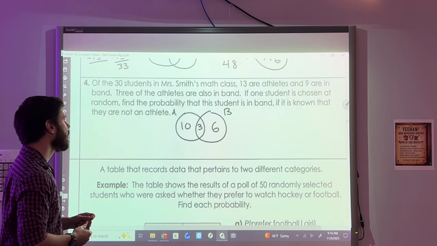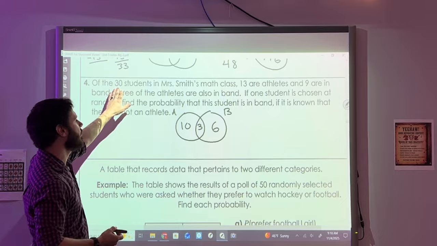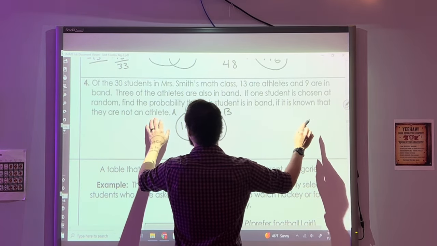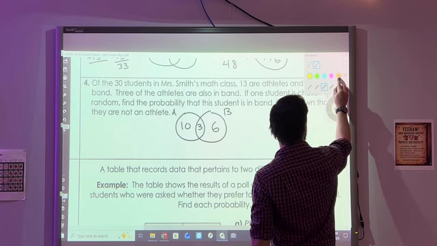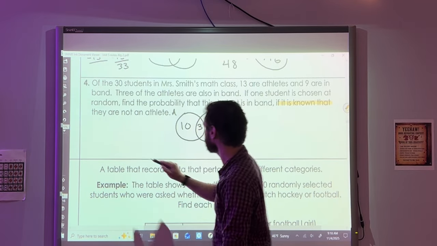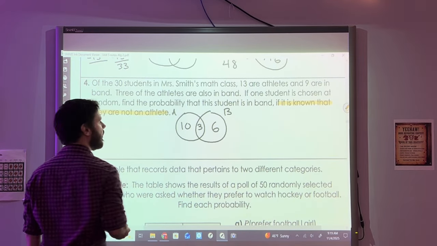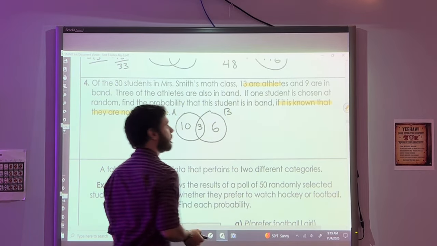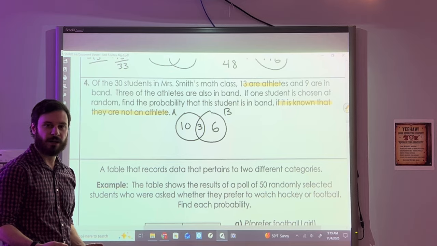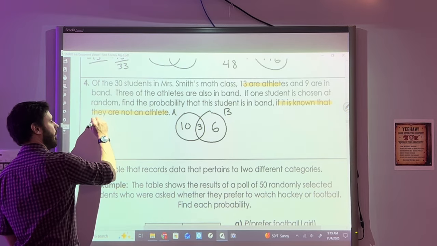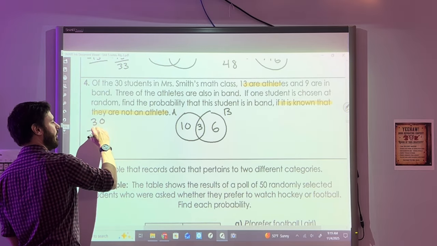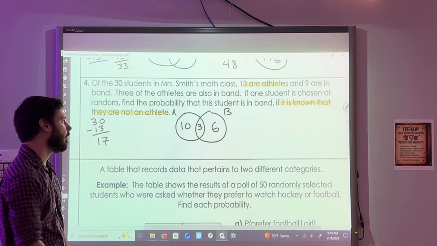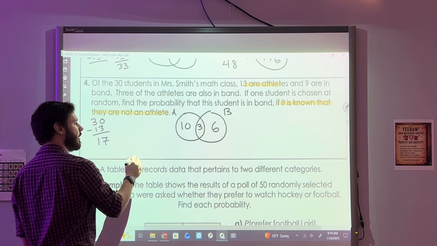Okay, so 30 kids, and it is known that they are not an athlete. Well, how many kids total are athletes? 13. If I want a kid that's not an athlete, 30 kids take away the 13 athletes gives you 17 kids to pull from. That's going to be my given.